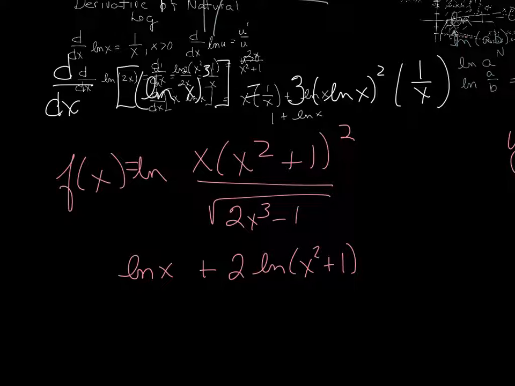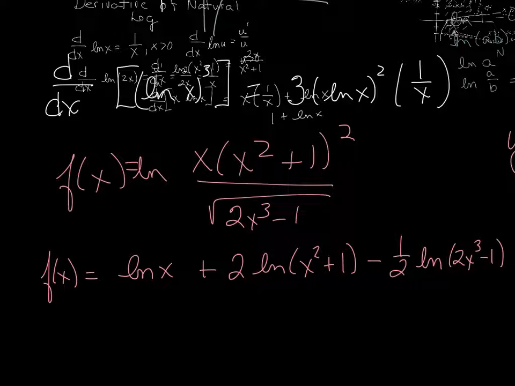Subtract. We subtract 1/2 the natural log of 2x cubed minus 1. Now that didn't take too long to do. But now we can find the derivative much easier. So if we find the derivative, we're going to get 1 over x plus twice. What's in the numerator, Oscar?